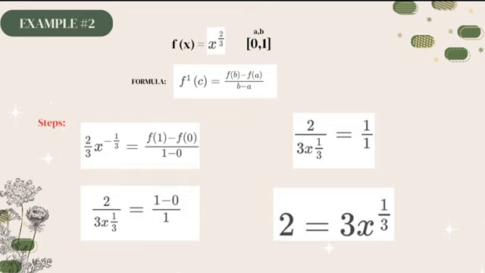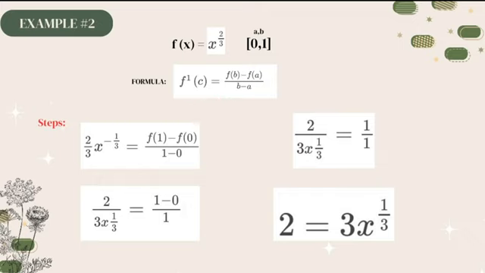For example number 2, we have f of x equals x raised to 2/3 and the interval 0 and 1. So, ang unang gagawin is isusunod natin yung derivative ng x raised to 2/3, which is 2/3 x raised to negative 1/3. And isa-substitute natin sa formula yung intervals sa 0 and 1.